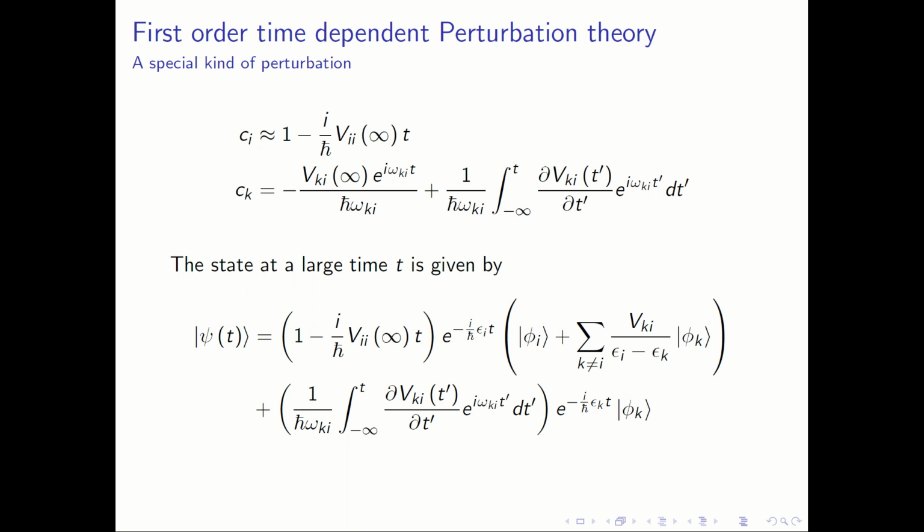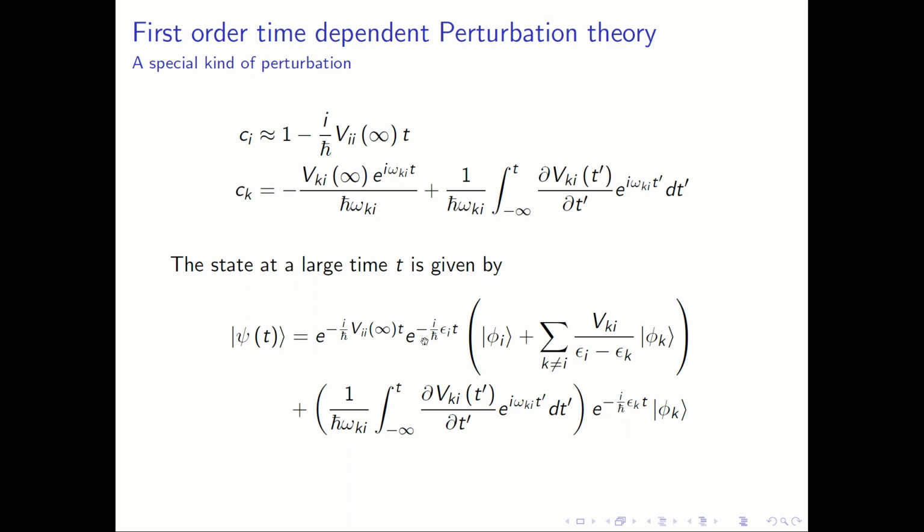So up to first order in V, the exponential and 1 minus i by h cross V_ii infinity t are exactly the same, which means you can change this into an exponential, and once you have done that, you can combine the two exponentials simply to get this.